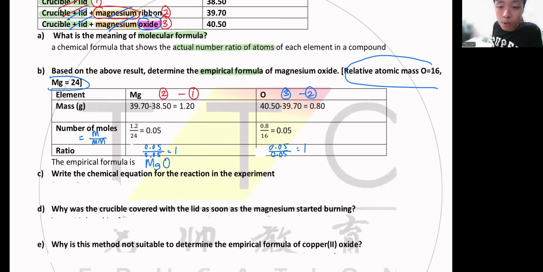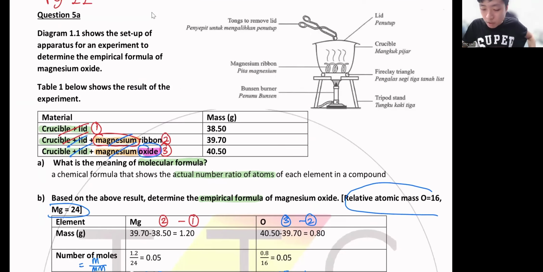Then the equation: what do you burn? Remember the experiment? I'm sure most of you already did it. You're burning the magnesium, and you allow the oxygen gas to enter to react with the magnesium, to form magnesium oxide.